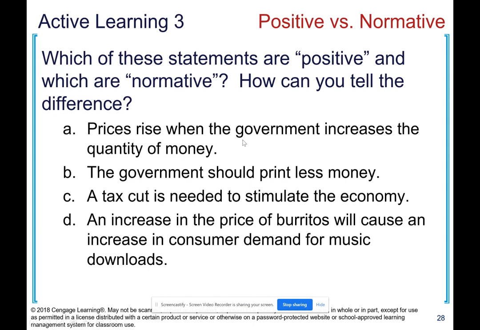That is a factual statement. It doesn't have to be right, but when somebody is making a factual statement, that is positive. Number B, the government should print less money. The word should gives you an indication that that is somebody's point of view. Somebody is trying to prescribe a certain course of action.